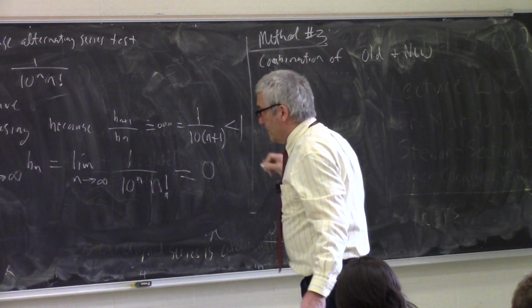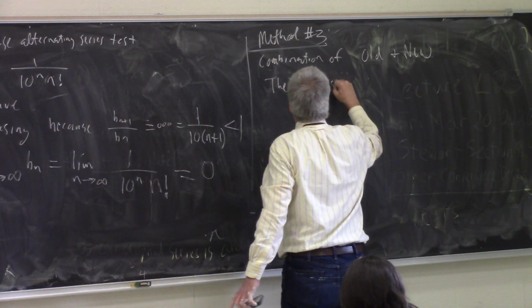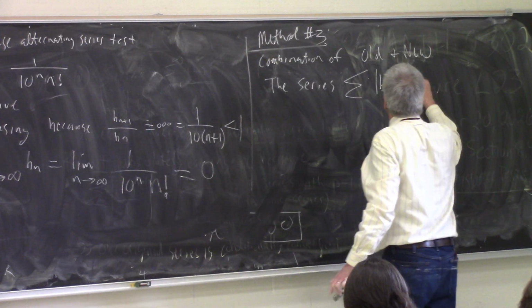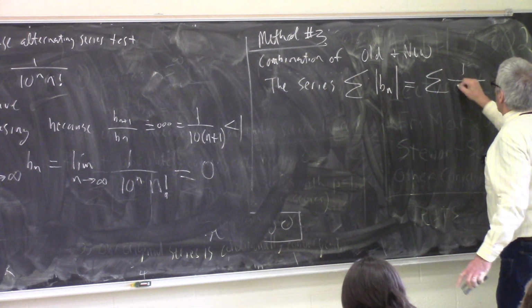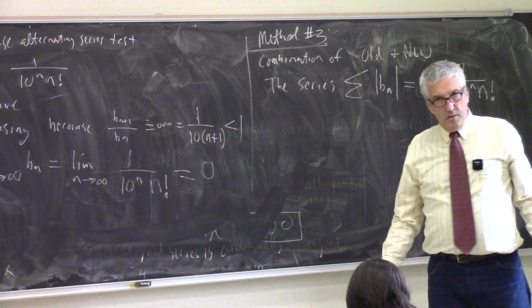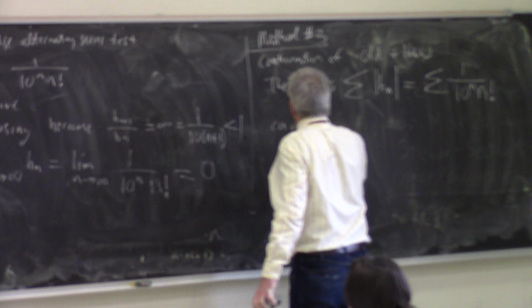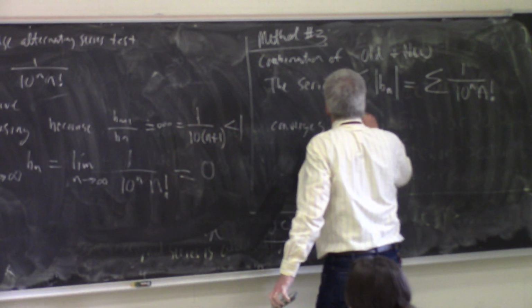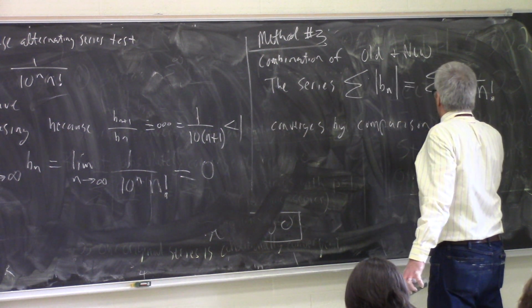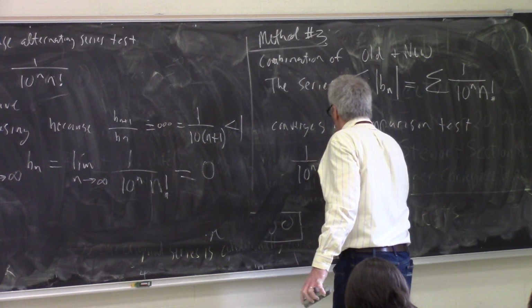So notice that the series of absolute values of b_n's, that's this series, converges by the comparison test. So we get 1 over 10^n n factorial.